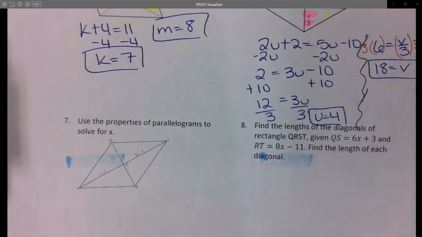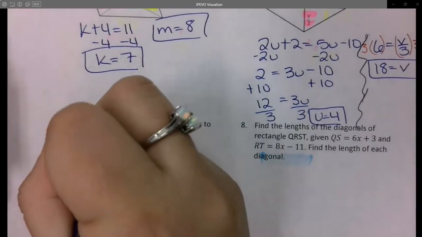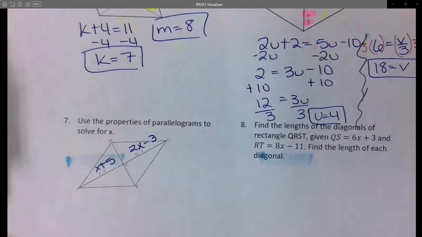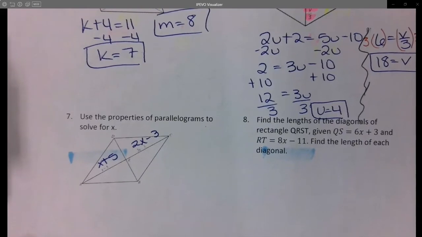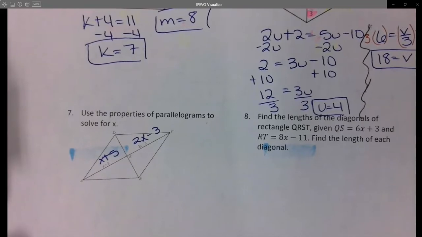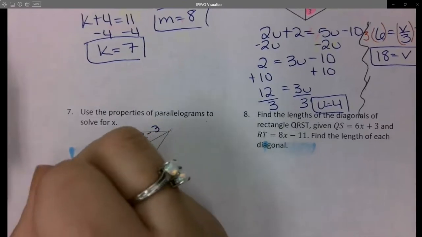Okay. Number 7, this one's really hard to read. This says x plus 5, and this one says 2x minus 3. So I want to go ahead and set these two equal.